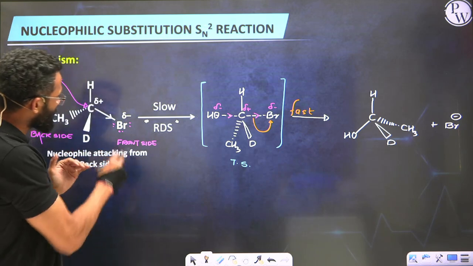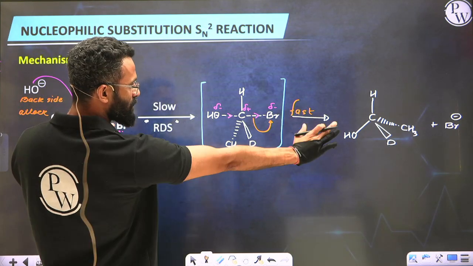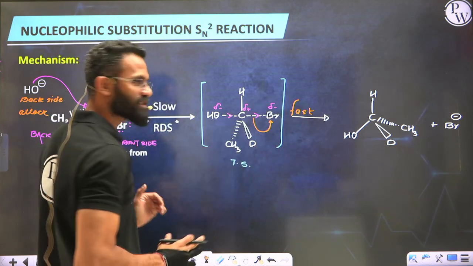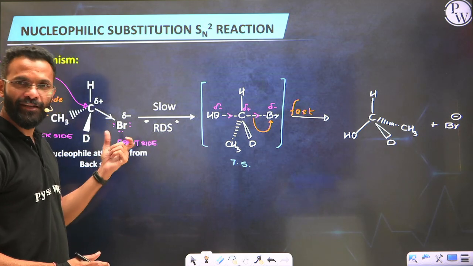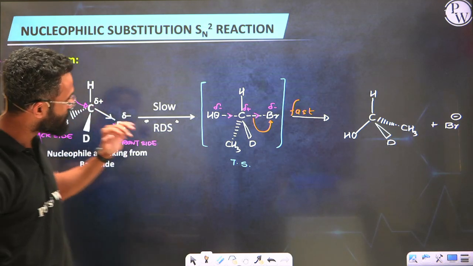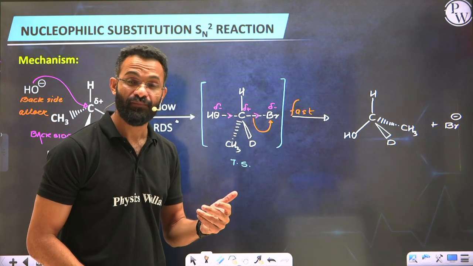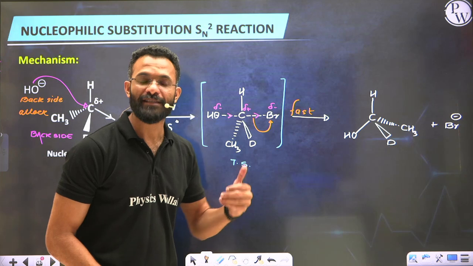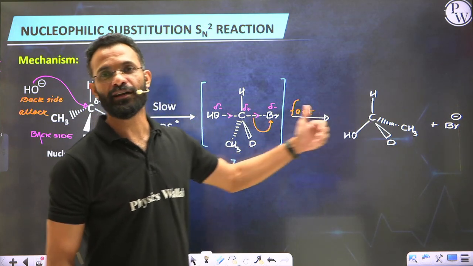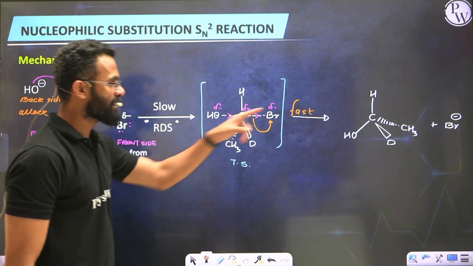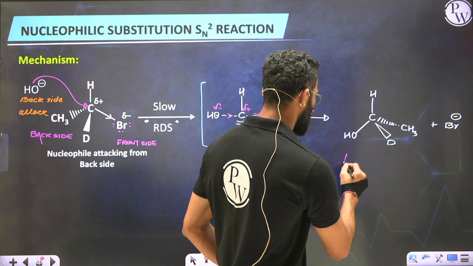But imagine if I keep OH over here and compare the geometry of the starting compound with the product, wouldn't these two be mirror images of each other? Yes, they would be, which means the product obtained has a configuration exactly inverted to that of the starting compound. Hence, the product obtained will be said to have inversion of configuration.